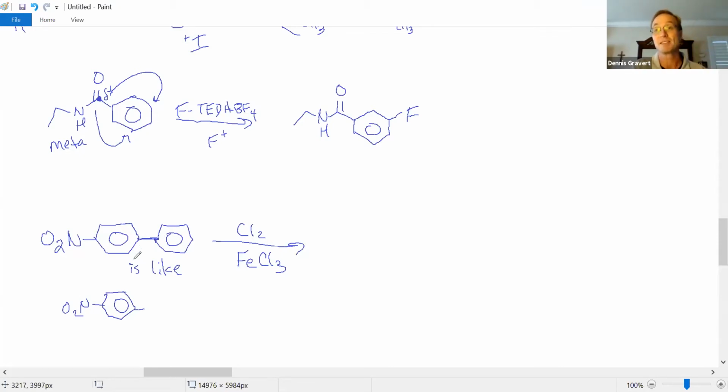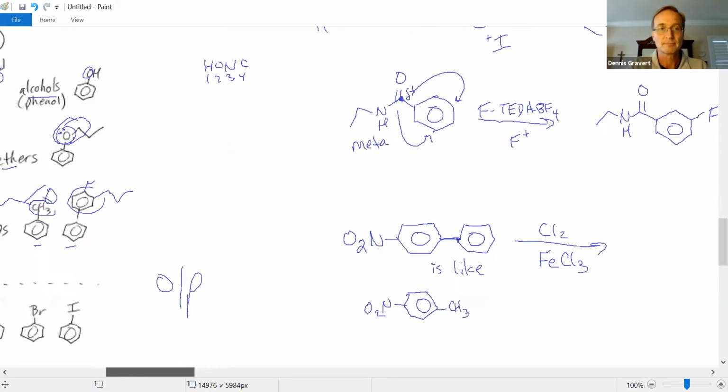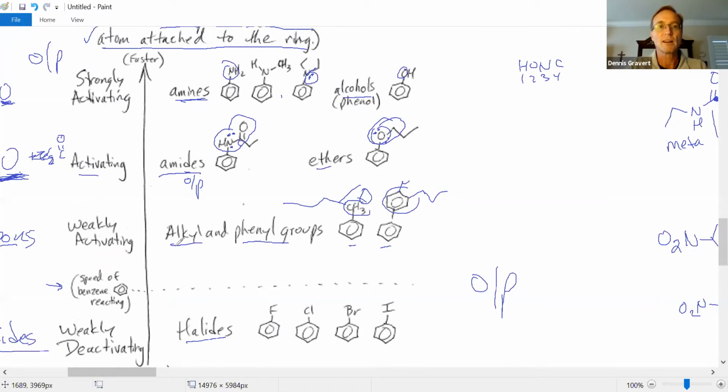No carbons, halides. It's like another methyl group. Alkyl groups and phenyl rings are both weakly activating. So if you had a methyl group, it'd speed up the reaction just like another benzene ring. It weakly activates it, makes it go a little bit faster than straight benzene.